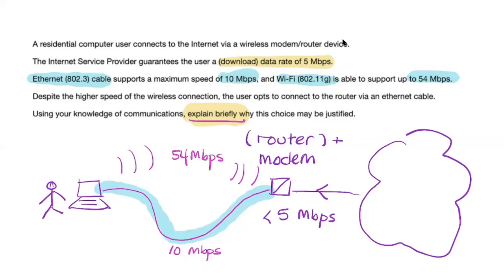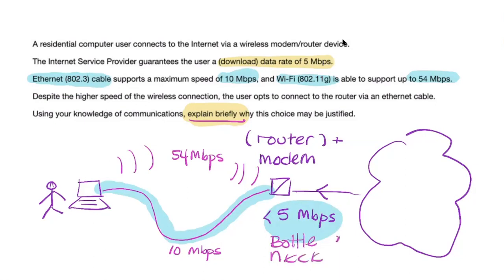Okay, so watch out for unnecessary information. It doesn't matter what this protocol is called. That's unnecessary. That doesn't matter. The only thing really that matters here is the lowest data rate available, the 5 megabit per second. This is what we call the bottleneck.